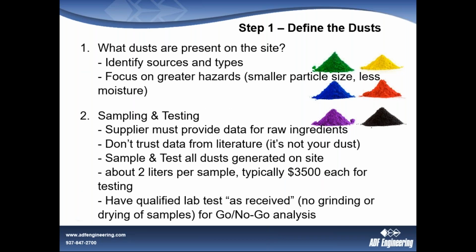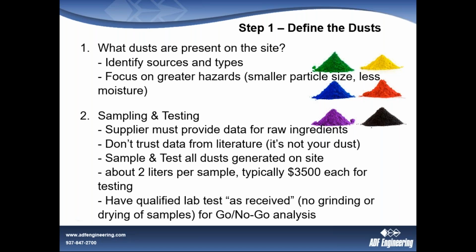So first of all, in defining your dust, the primary thing you need to do in identifying your dust, focus on the greater hazard. So if you're dealing with hundreds of materials that may be combustible, it's impractical for you to go out and test every dust. It just can't be done.